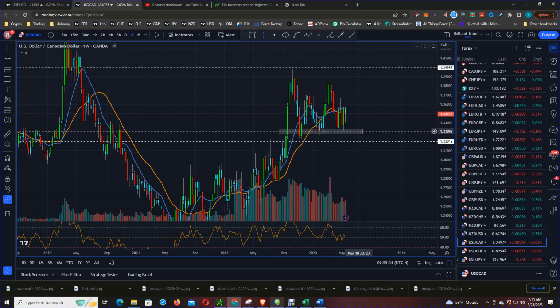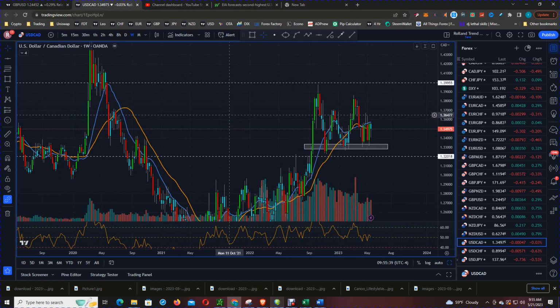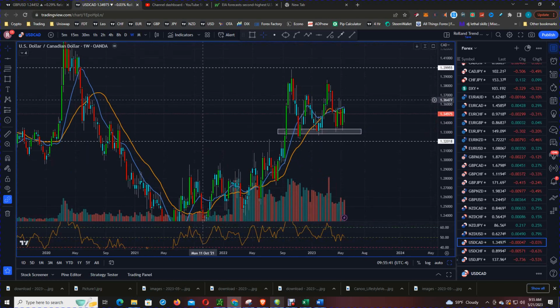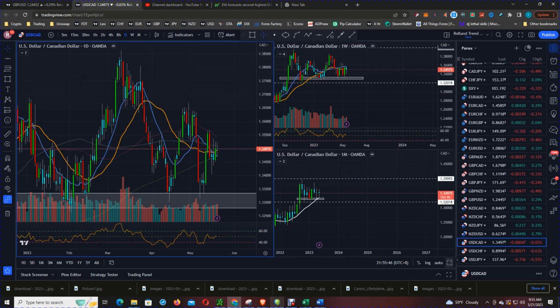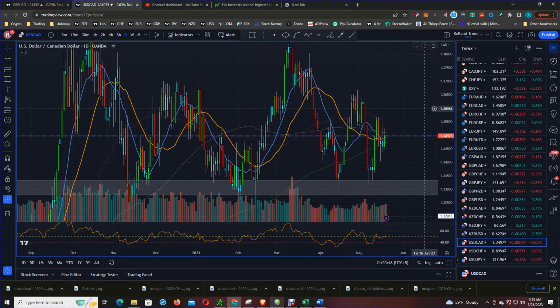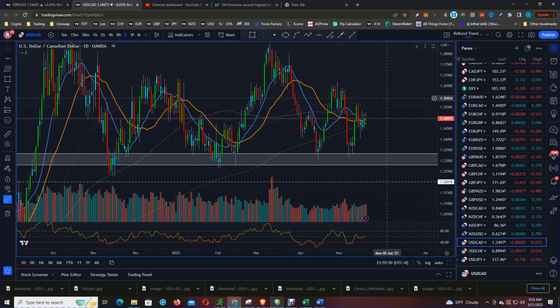So that can be an area of interest to go long if price declines. All right, let's go down to the daily chart. It was a nice area.